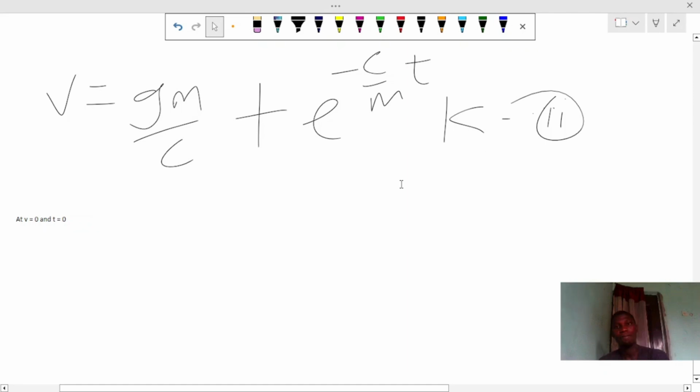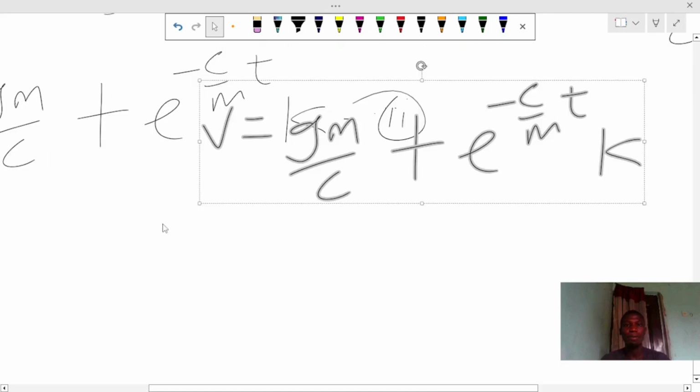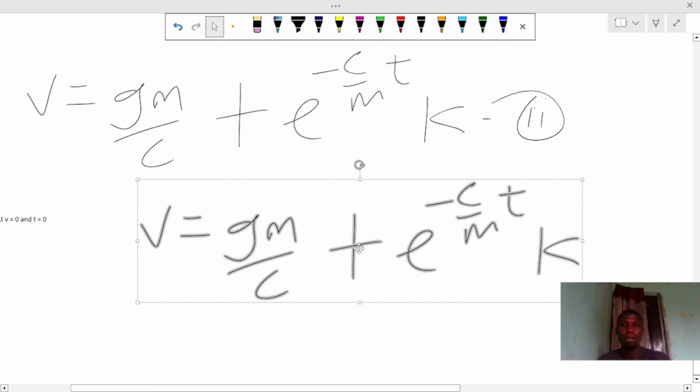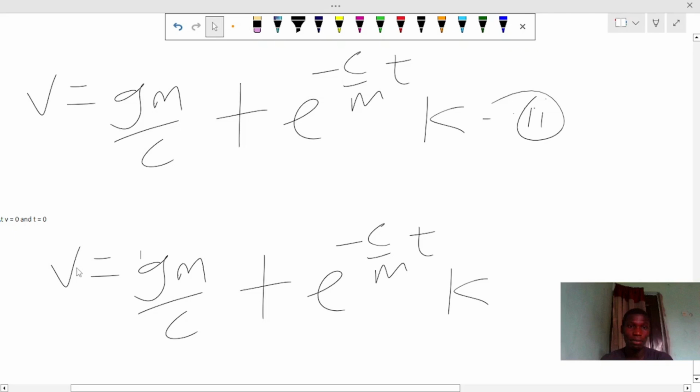At these conditions, let's solve for k and bring the value of k back into equation ii. Where we have v, we are going to have 0 there.